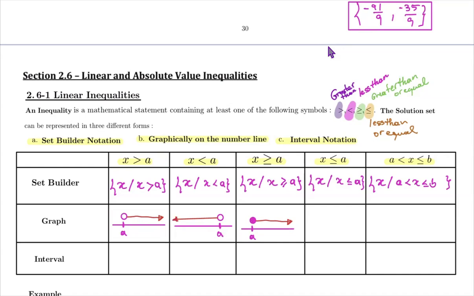Same thing if x is less than or equal to a, being a real number. So a is included, that means you're going to have a closed circle. With the bar, you keep a closed circle. Without the inequality bar, you open the circle, meaning a is not included.